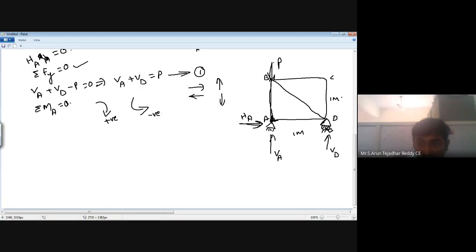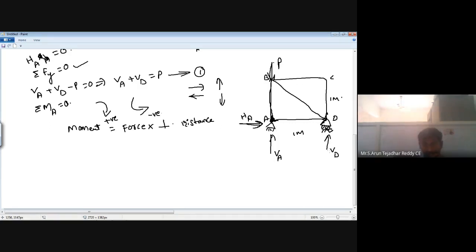Take A as a reference point and calculate VD. The moment formula is: moment is equal to force into perpendicular distance.